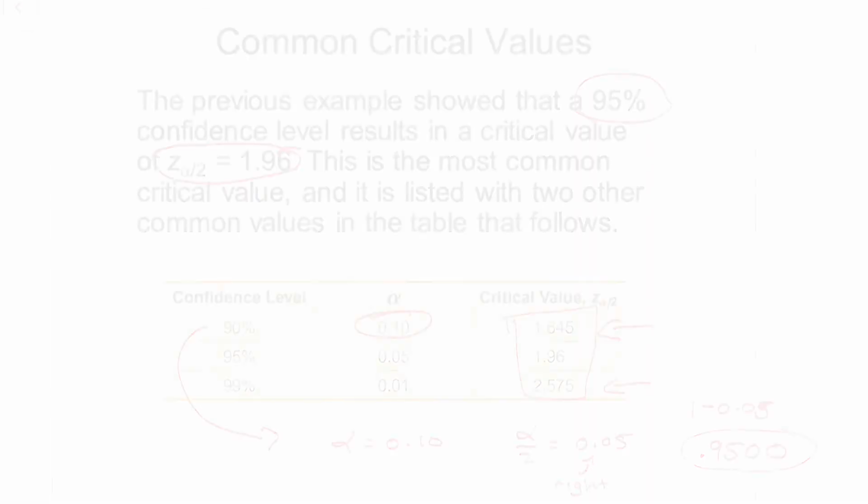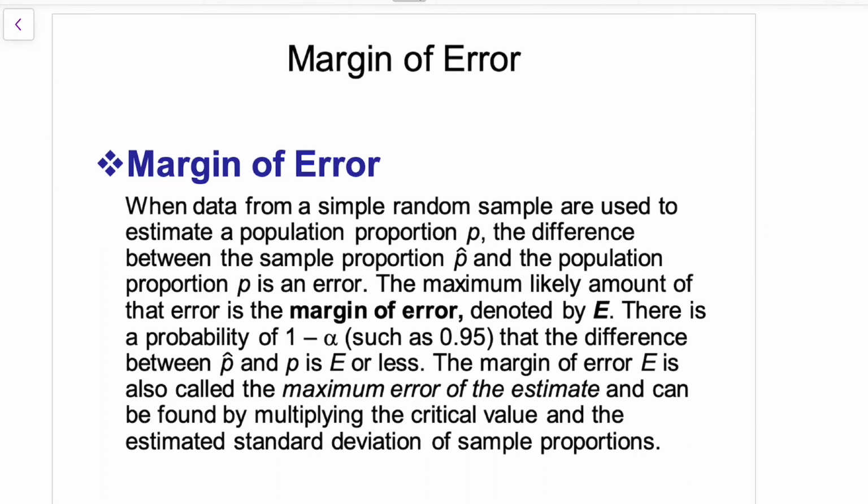So let's move on. The main method of calculation in finding the confidence level is by computing a margin of error, E. This margin of error will be used to find how much we are off between our population proportion P and our sample proportion P hat.